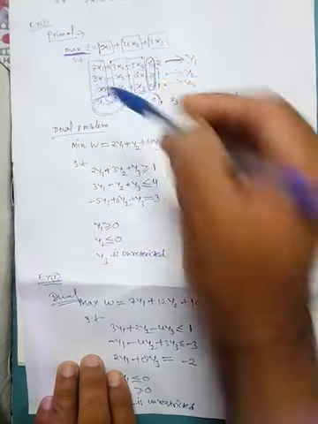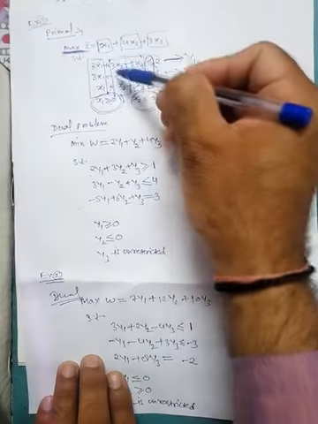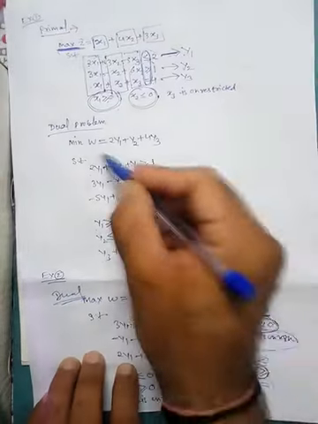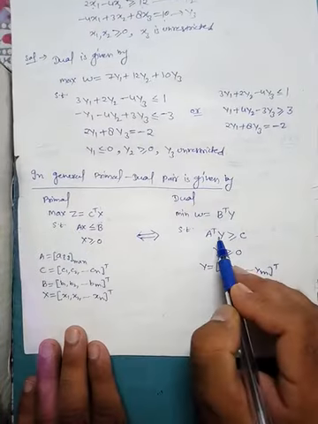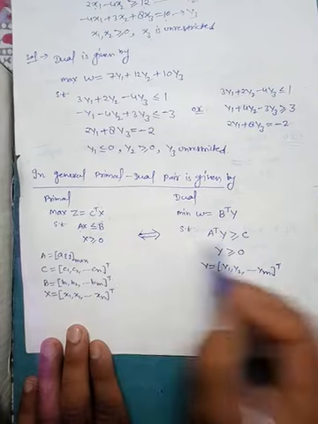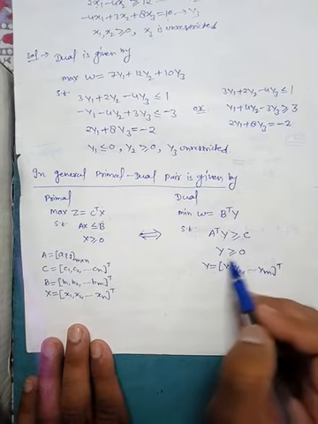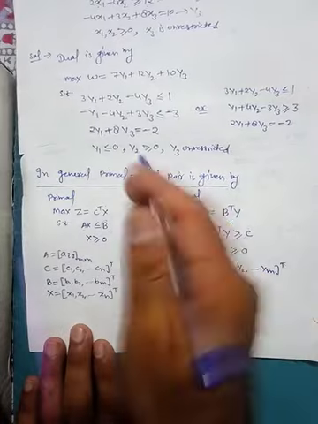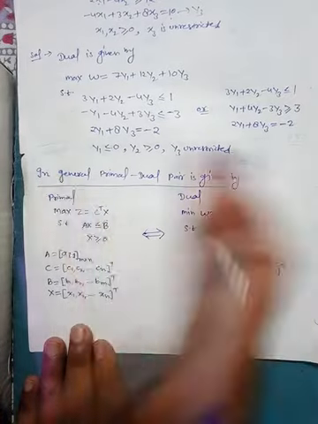So 2 3 1, minus 3 minus 1 1, minus 3 minus 1 minus 1. That's why A becomes A transpose y, and less than type becomes greater than equal to c, y is greater than equal to 0. So this is basically the matrix representation of the primal dual pair.